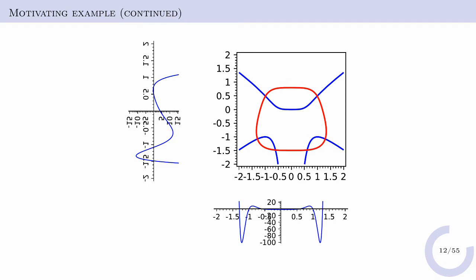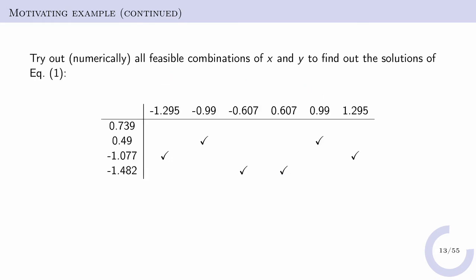So when we pair them, we consider every possible x and every possible y, and we numerically check all the possible pairs. So for example, we will try this one for x and this one for y. It turns out that we do not have 0, so this is not a root.